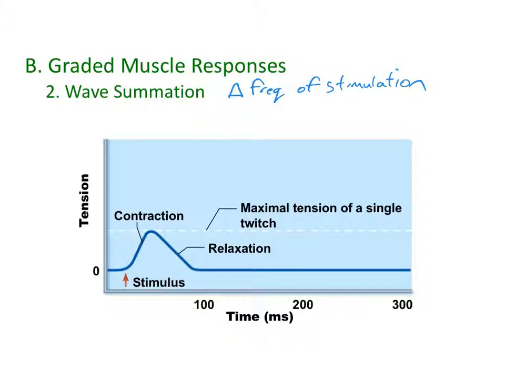So one stimulus here will result in a single contractile response. So on this graph, you can see a stimulus comes in. Here, you get the contraction, tension increases, relaxation, and you're back to baseline.